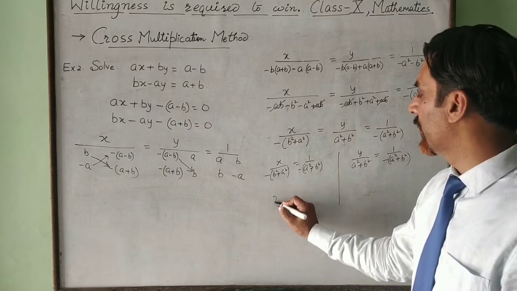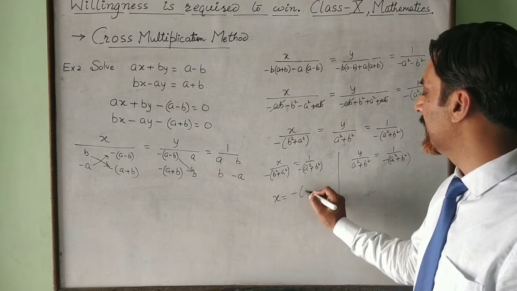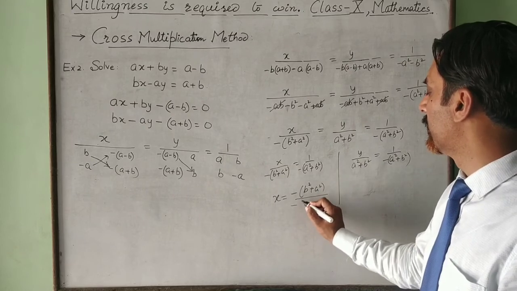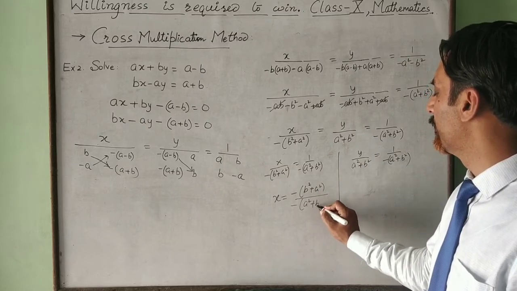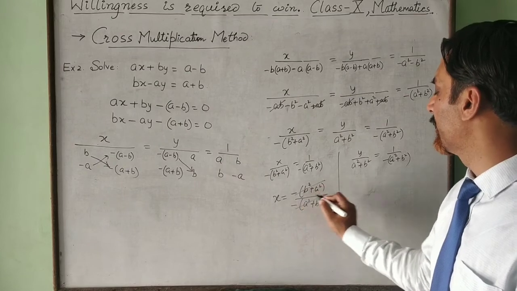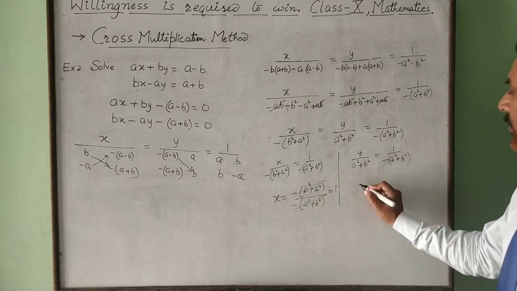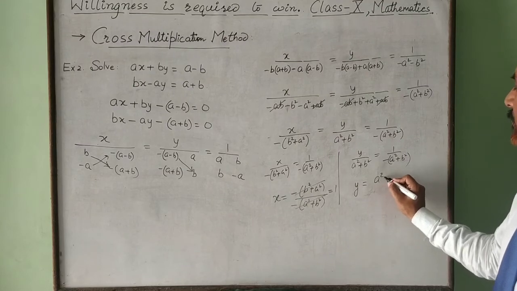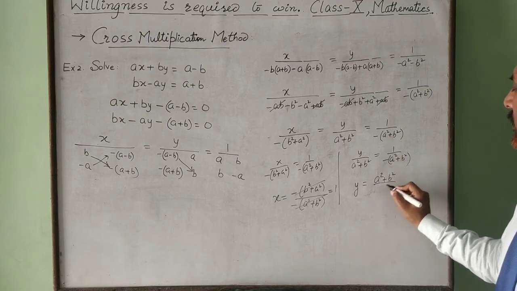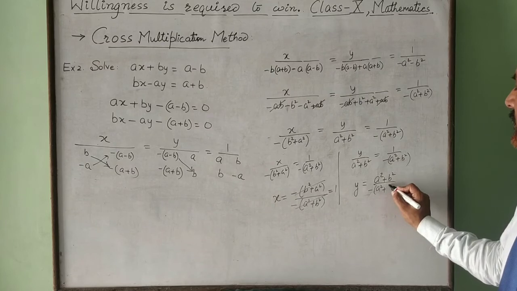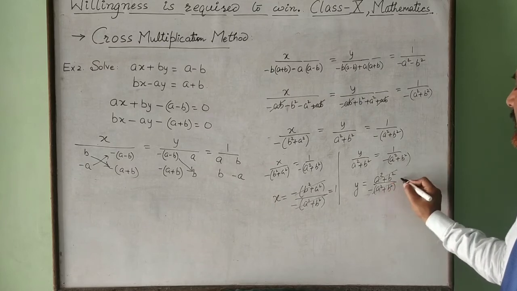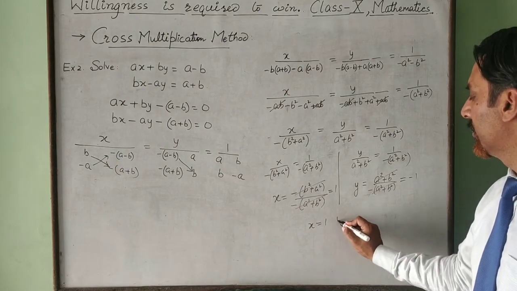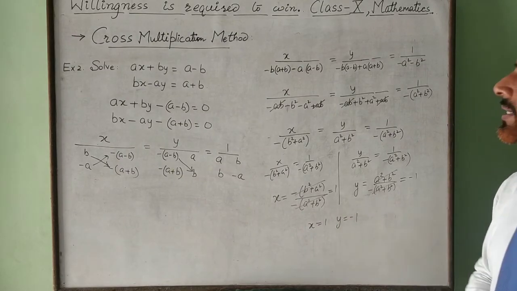So from here the value of x came out to be minus b square plus a square by minus a square plus b square. You'll cancel out everything, you'll get 1, and from here the value of y came out to be a square plus b square upon negative a square plus b square. This will cancel out and you'll get minus 1. So the value of x is 1 and the value of y is minus 1.